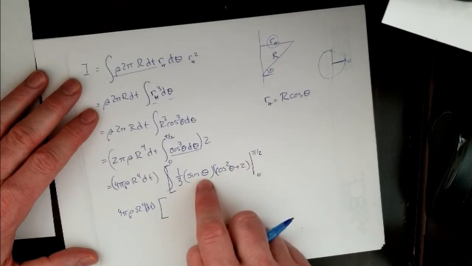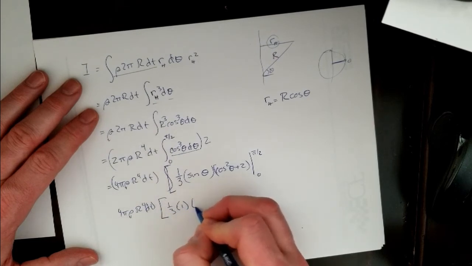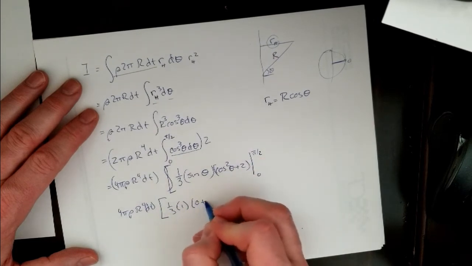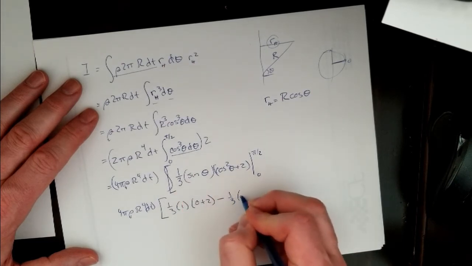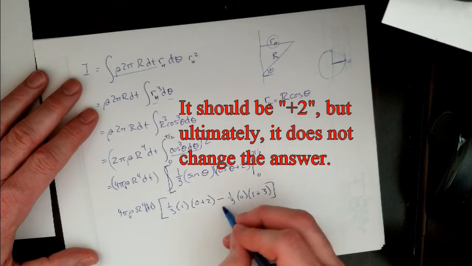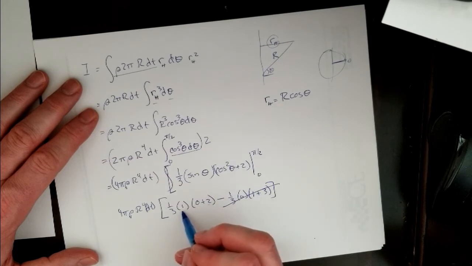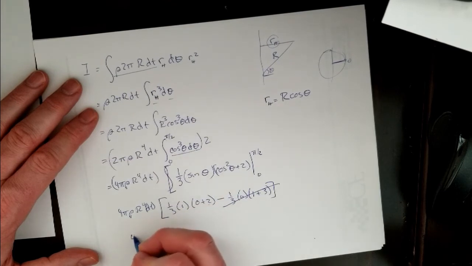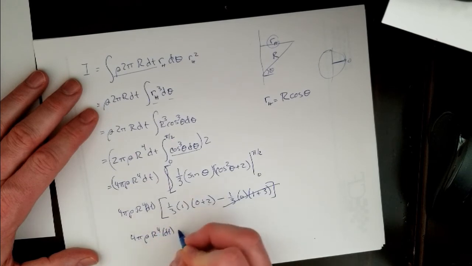If I plug in pi over 2 here, I get 1/3 times 1 times 0 plus 2, minus, plug in 0 here, I get 1/3 times 0 times 1 plus 2. That's equal to 0. This is equal to 2/3. So I get 4 pi rho R to the 4th times my thickness times 2/3.